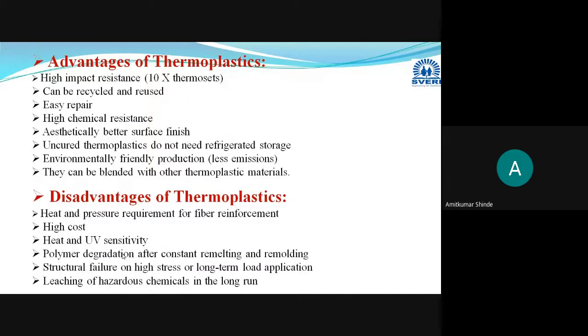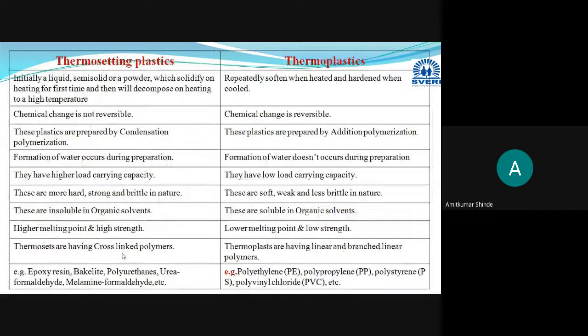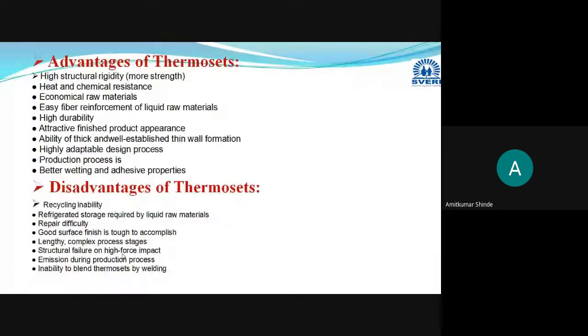Some advantages and disadvantages I have highlighted here. You can try to read it. I will go through it fast because I have collected this just for your reference. The main point is the comparison.